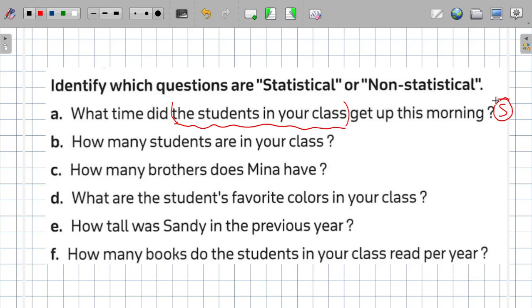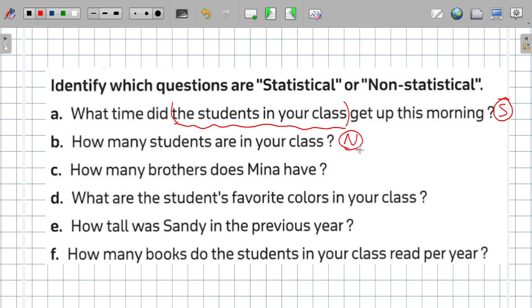Maybe the class has 20 students, or 25, or 30. So I think this question is non-statistical.